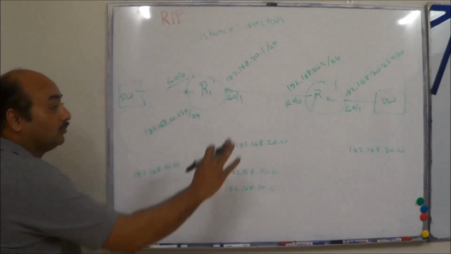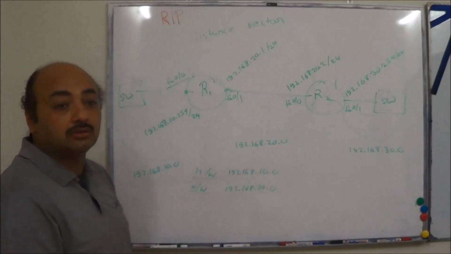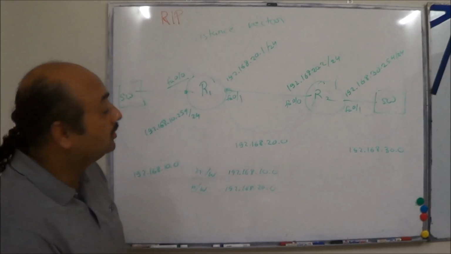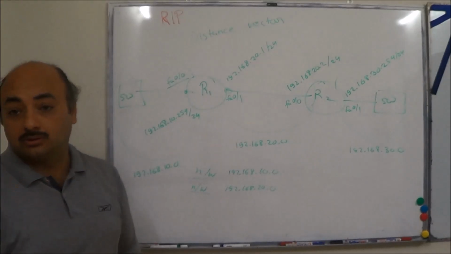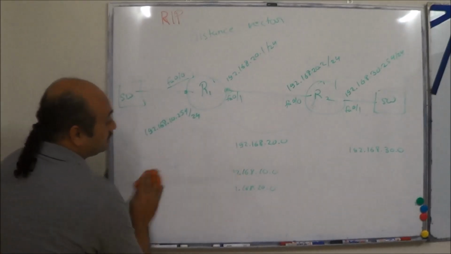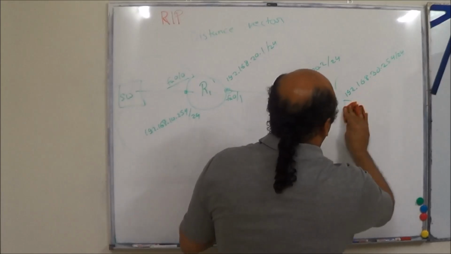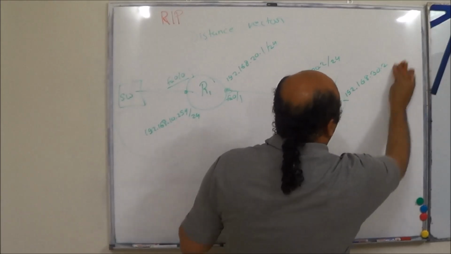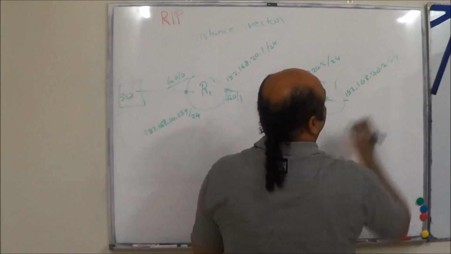So this was our topology till now. Now I want to add another thing to it, in fact two things. Let's expand our topology and then we'll do the practical about it. Let me quickly expand this. This is already 254, right?